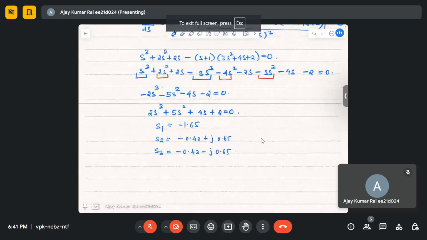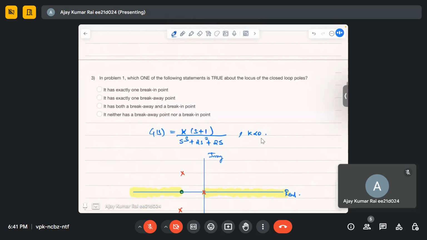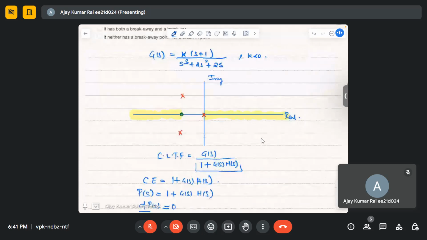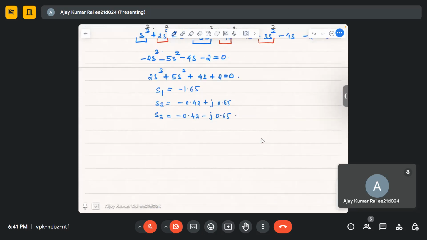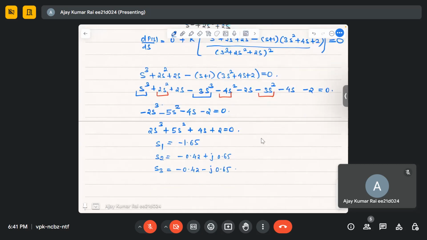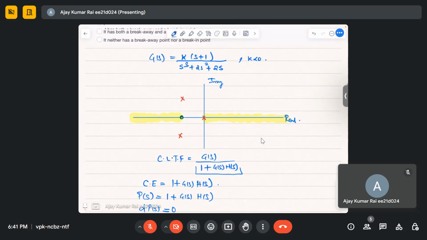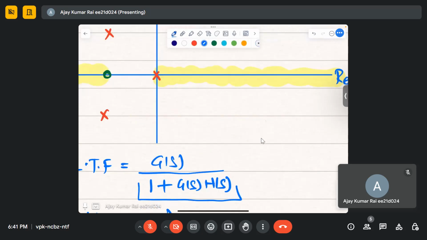These are the three roots here, but what is originally asked is how many breakaway and break-in points it has. If you see on the real axis, only one point lies here, s1 equal to minus 1.65.